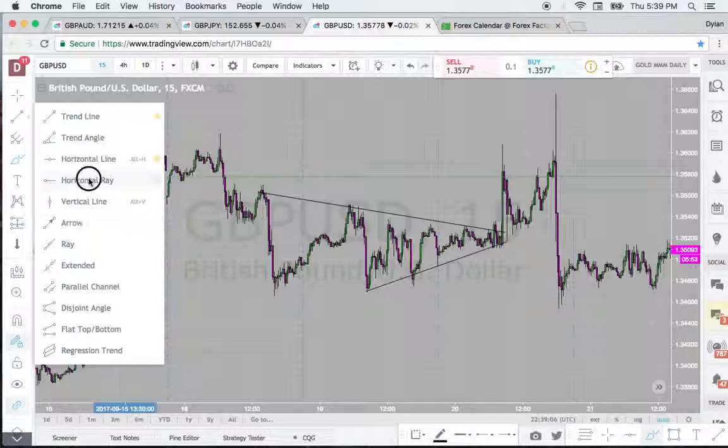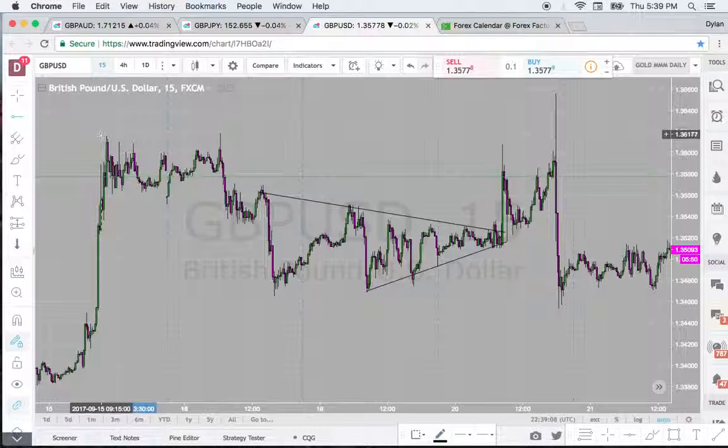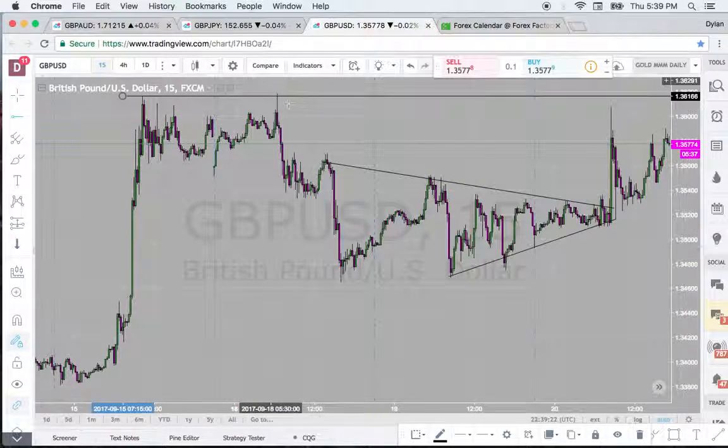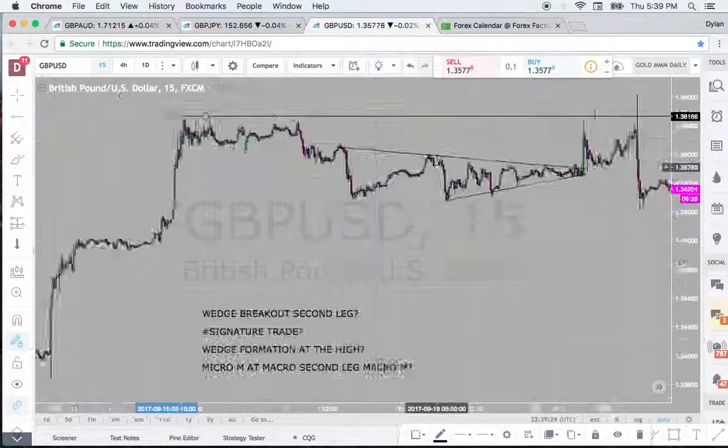So first of all, we have the high created here on the GBP US dollar. This is the high of the week, right here. It's also the high of the previous week. It stop hunted the high of the previous week.